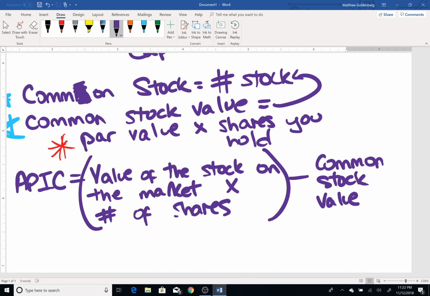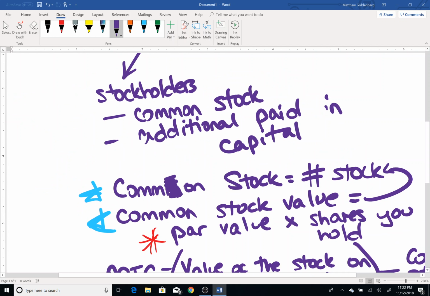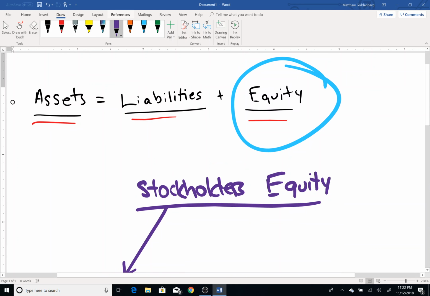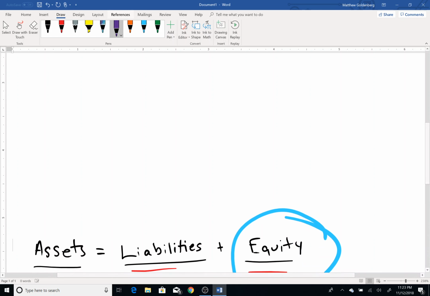Because what additional paid-in capital refers to, and let me get another page for this, one second. Let's create another blank page.